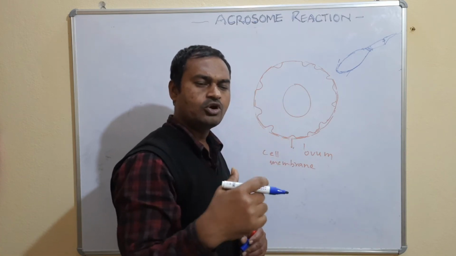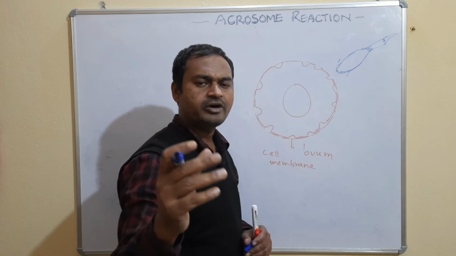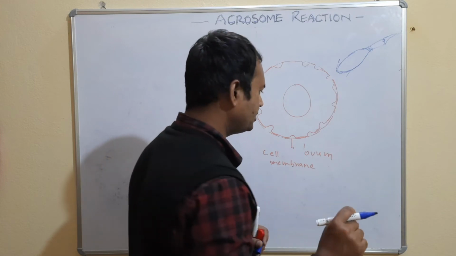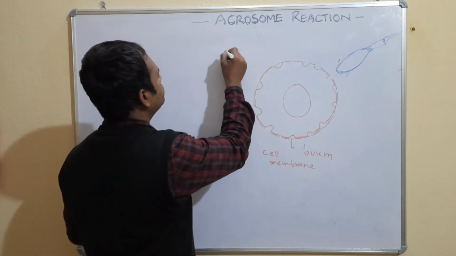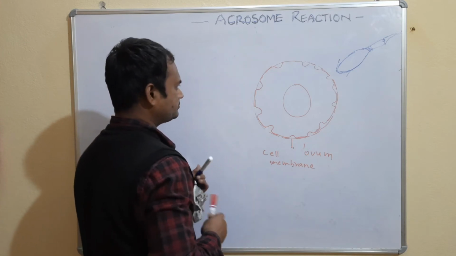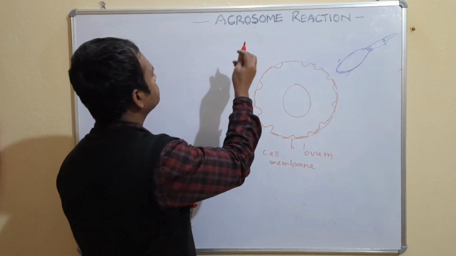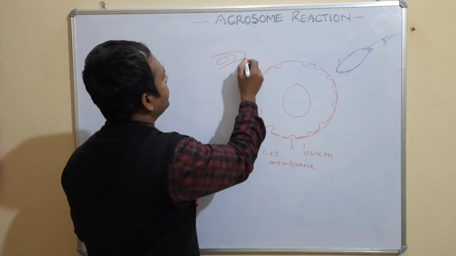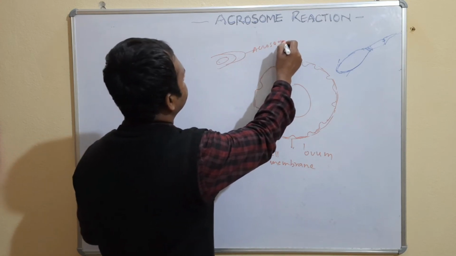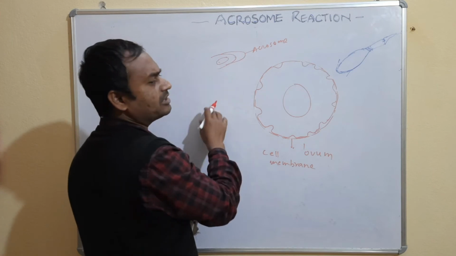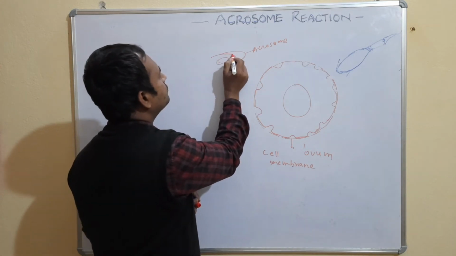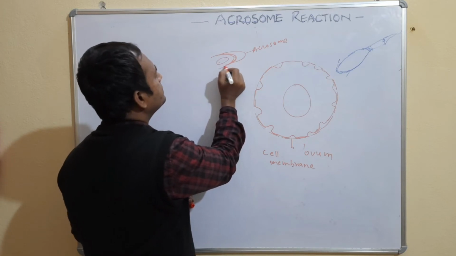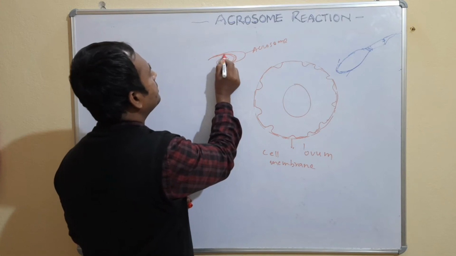which is present over the equatorial region of the sperm. So let us understand what the equatorial region of the sperm is. Suppose this is a sperm and this is the acrosome, and this is the inner part of the acrosome, and this is the head, the outer layer of the head.